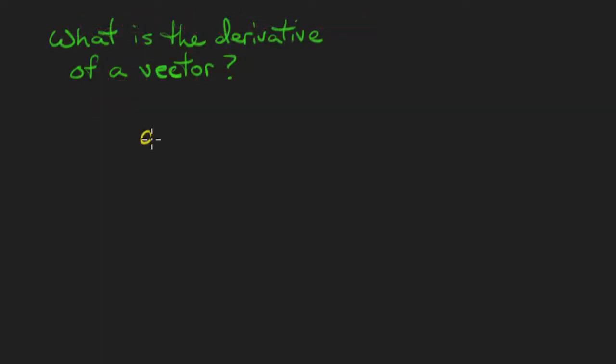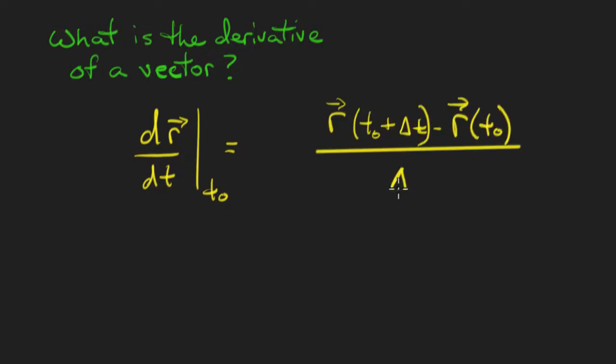So when we take the derivative of a vector, let's say we take the derivative of the position vector, and let's say we evaluate it at some time t0, guess what? When you write this down, the definition looks pretty much the same. It's this difference in position vectors, and we know how to take the difference of position vectors, right? We can add vectors, we can also subtract vectors.